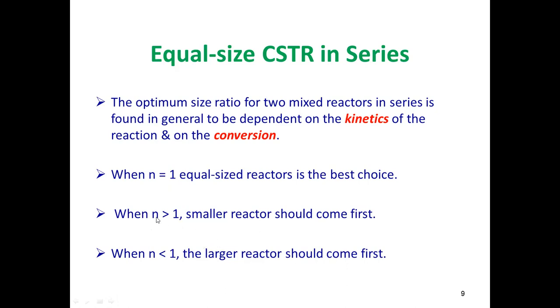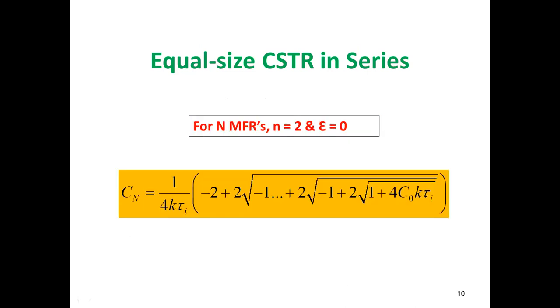So if it's greater than 1, the previous reactor should be smaller than the succeeding reactor. Otherwise, if it's less than 1, we should have a placement which is larger reactor followed by a smaller reactor. We don't have any problem if the order is equal to 1.